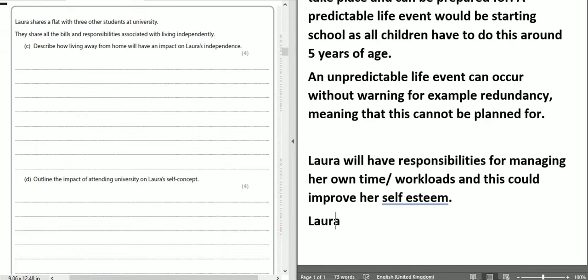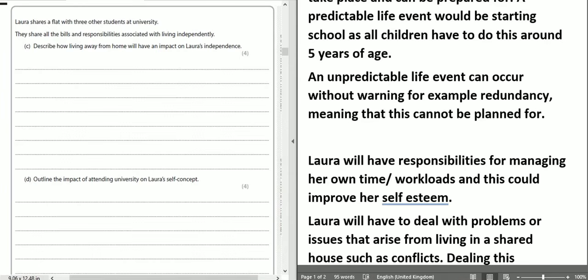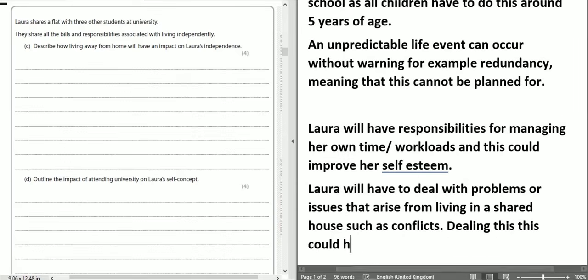And I also put that Laura will have to deal with problems or issues that arise from living in a shared house, and dealing with this could help with her resilience or emotional resilience.